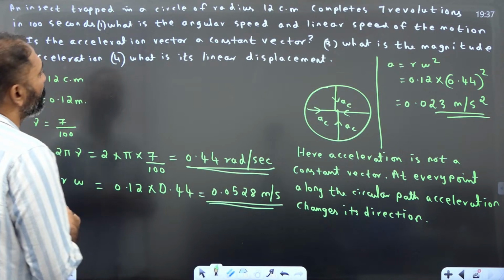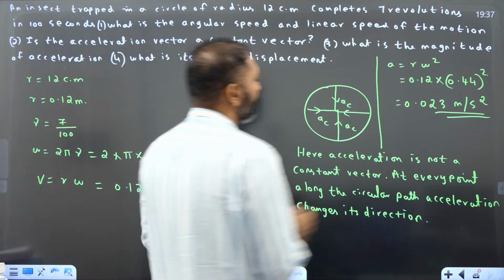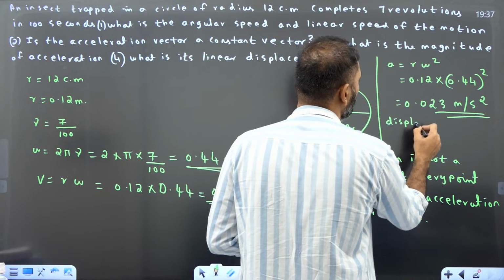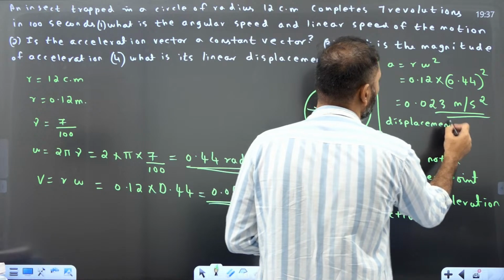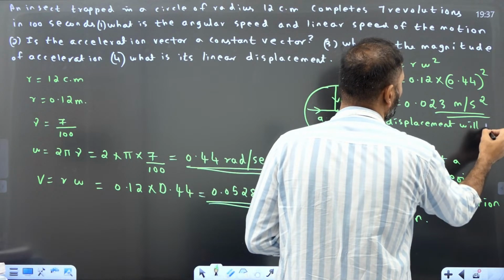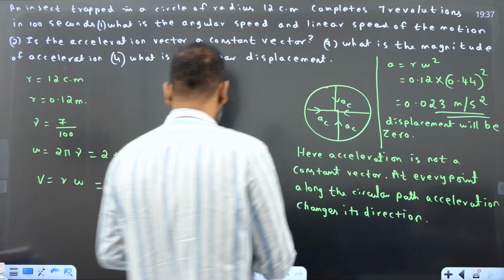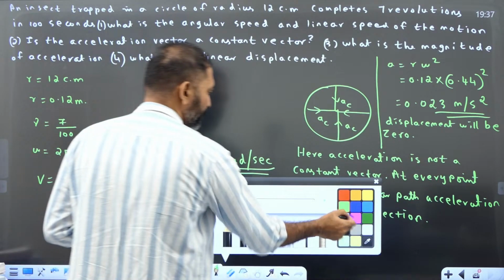Now, what is the next one? What is the linear displacement? Here, displacement will be 0. Why? I am writing the reason for displacement to be 0.